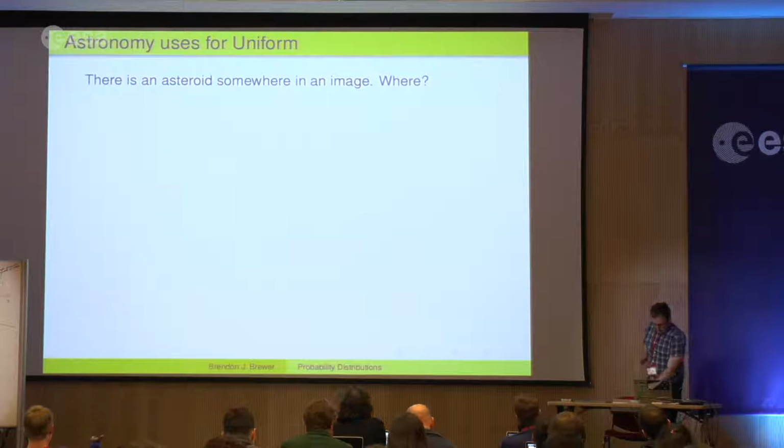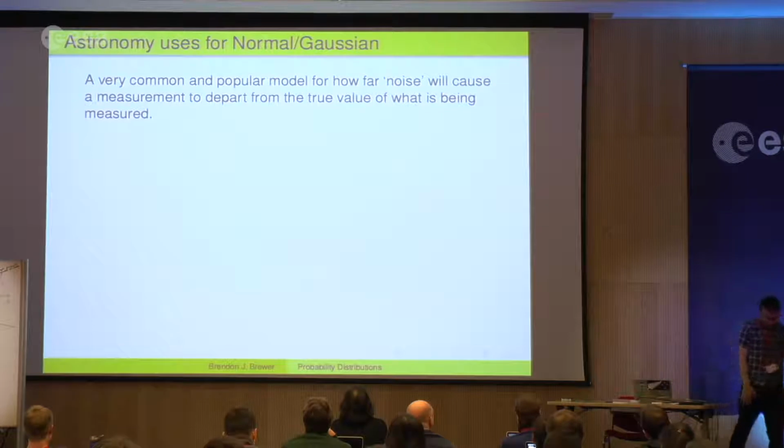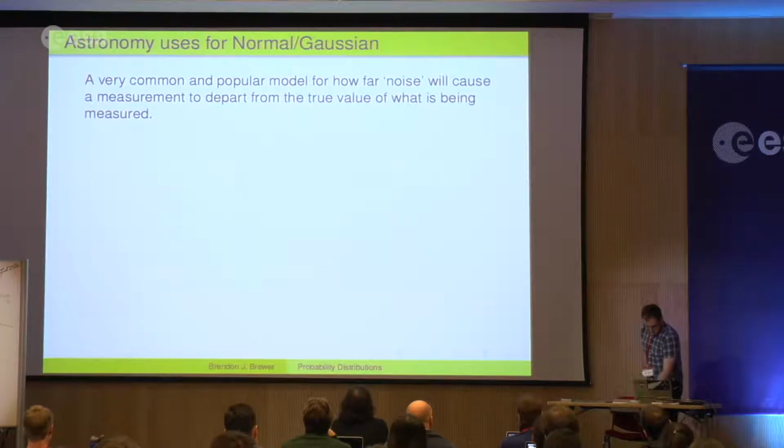So small region means smaller probability, large region means larger probability, and there's translational invariance and all that. The normal distribution is very common for noise in data. How much will my measurement depart from the true value of the thing I'm measuring because of whatever observational effects? The normal distribution is often used for that.